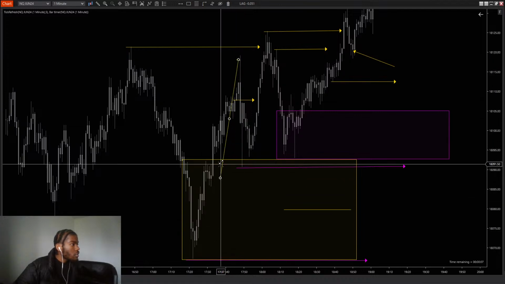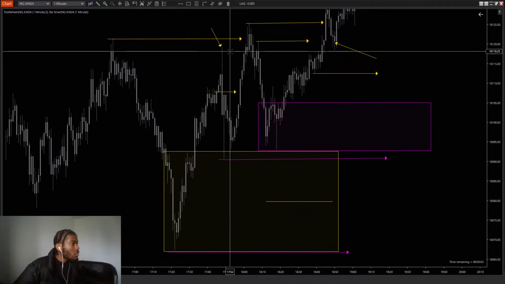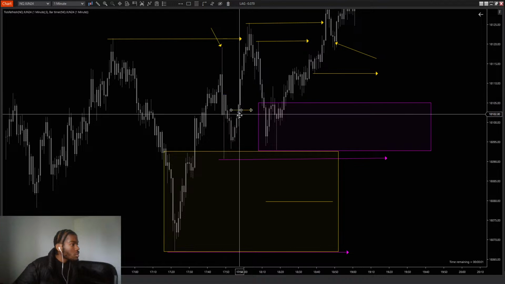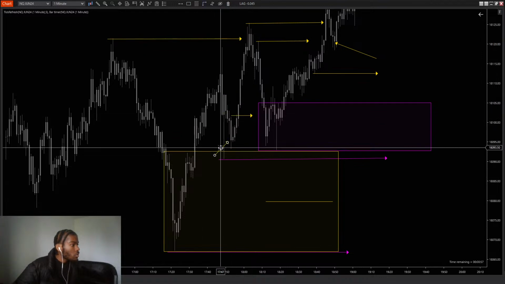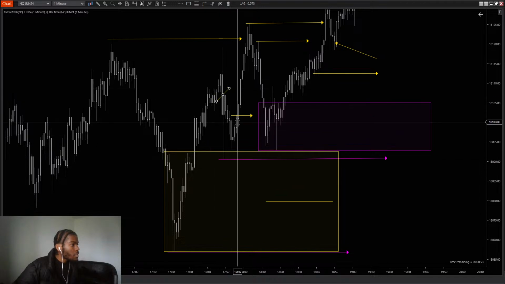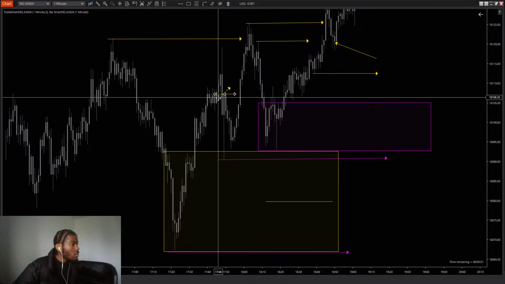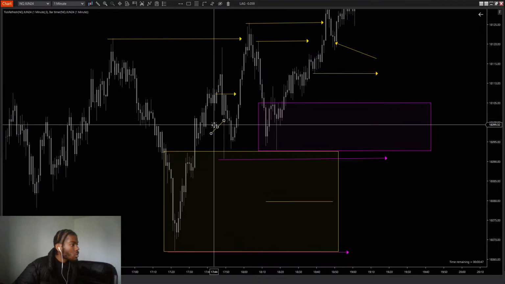That high is now valid. You see this high responsible for putting in that low? Oh, never mind. It didn't do anything. So basically it would be this high responsible for putting in this low.